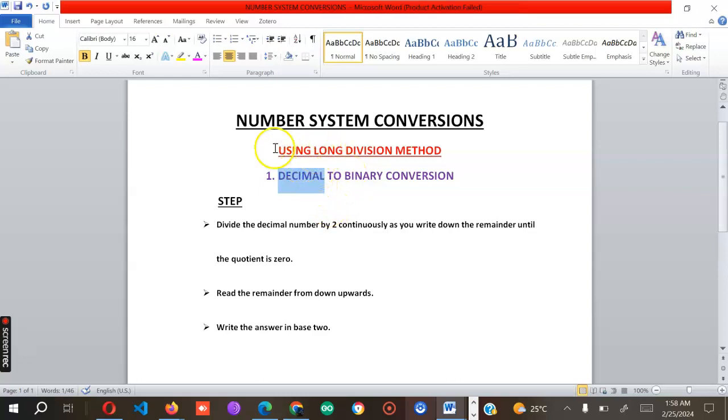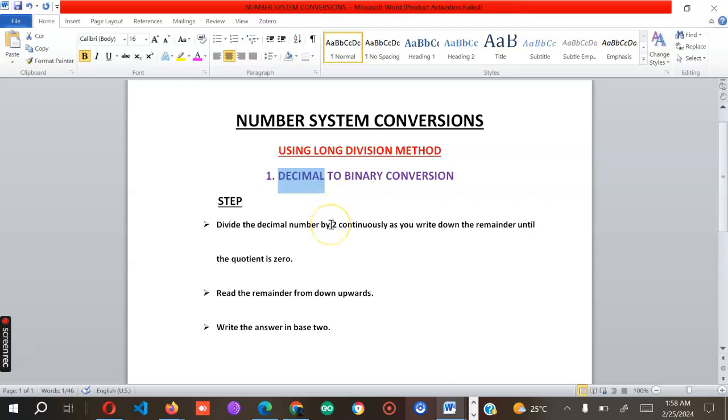For you to convert a number from decimal to binary using the long division method, these are the steps you are supposed to take. Step number 1, you divide the decimal number by 2. Remember, why are we using the 2? Because we are trying to convert the decimal number to binary, which has 2 digits.